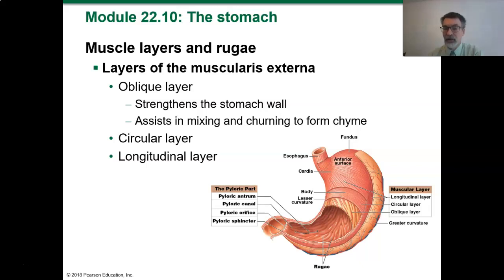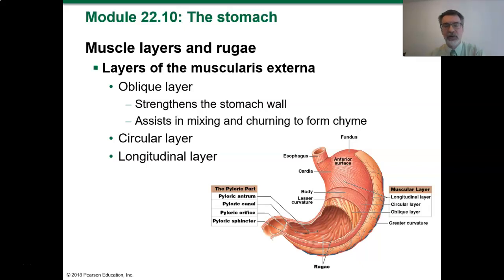So it's a third layer of muscle. The stomach is doing a very important job of mixing, sort of pummeling that food as you're beginning the really significant chemical digestion. It's aiding in the mechanical digestion of our food. We did a significant amount of mechanical digestion while chewing the food, but we don't always completely break down the food with our teeth.